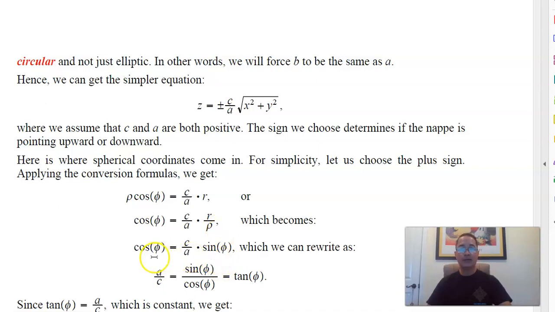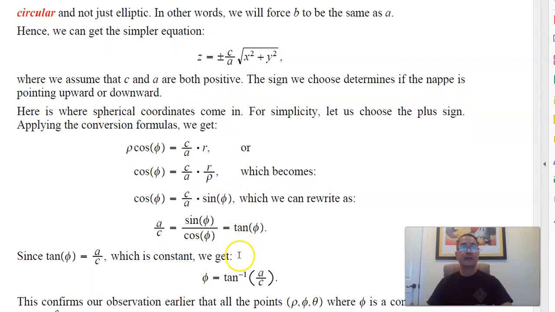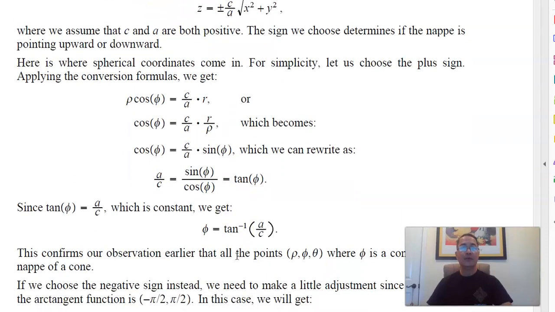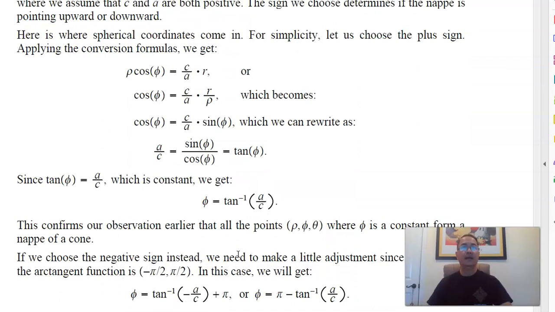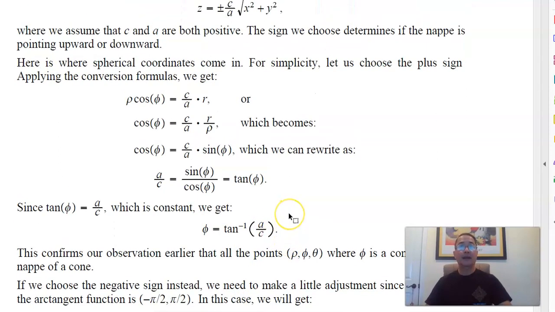So now we have cosine phi and sine phi. Oh, wait a minute, if we put them together, sine over cosine, we get tangent. Aha, but c over a will flip over to the other side, and we'll get a over c. So therefore we get an equation: phi is inverse tangent of a over c.